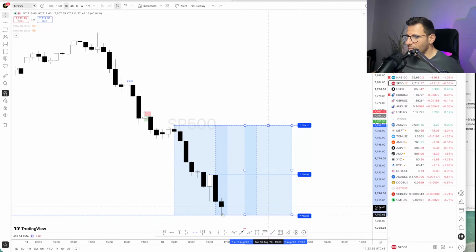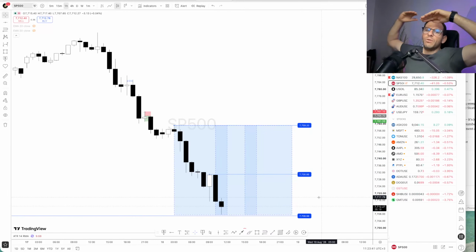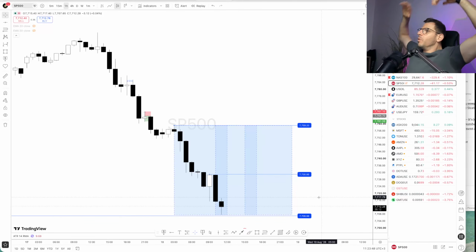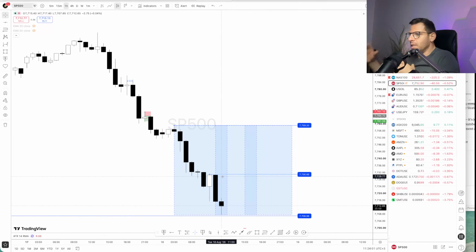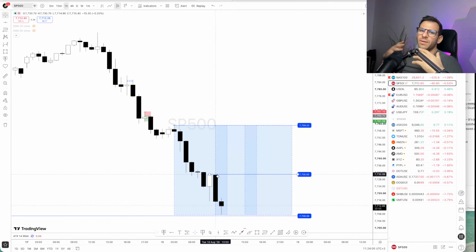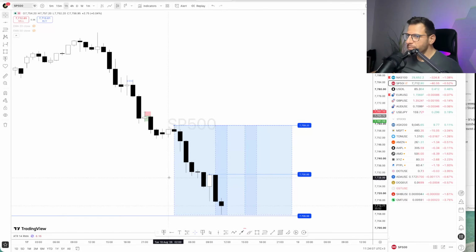Guys, keep in mind that the boundaries of the ranges will change moving into the sessions. Unless the price ranges during the London and the New York, we're just going to keep trading within these boundaries. But most of the time the price breaks and moves in the opposite direction.